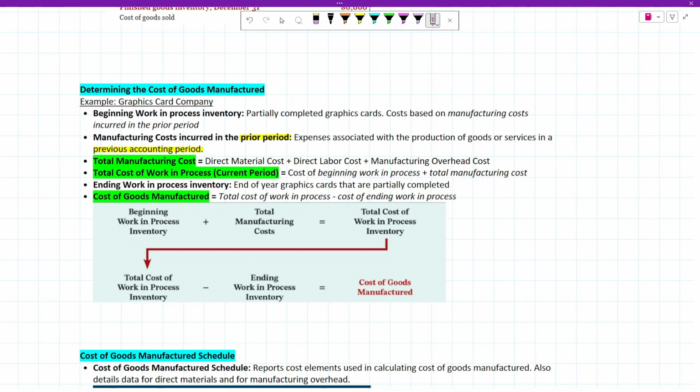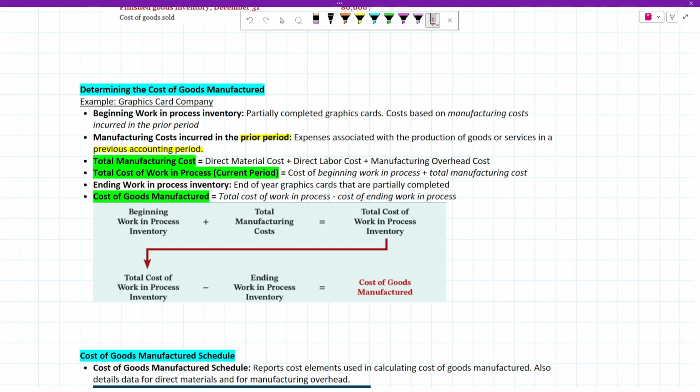Your ending work in process inventory is the end of year graphics cards that are partially completed. Sometimes throughout a year, we're continuously creating graphics cards, let's say for this example, and we're not going to stop since it's the end of the year. We're going to keep on going. But let's say a graphics card takes 1 month to complete.